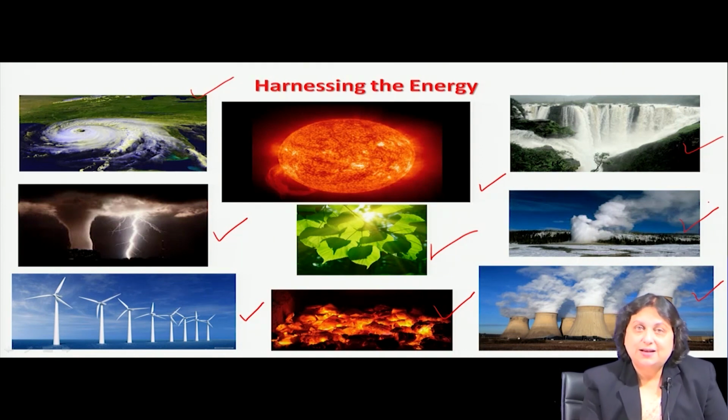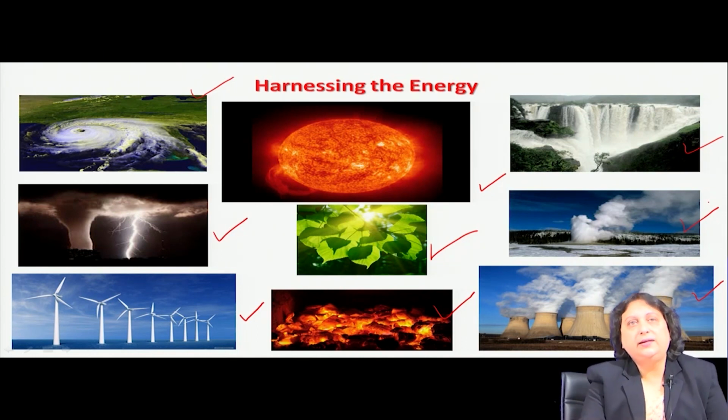So as you see, the source of energy is abundant, and we need to understand how to harness these energies from these sources and use them in the most efficient way to run our missions.